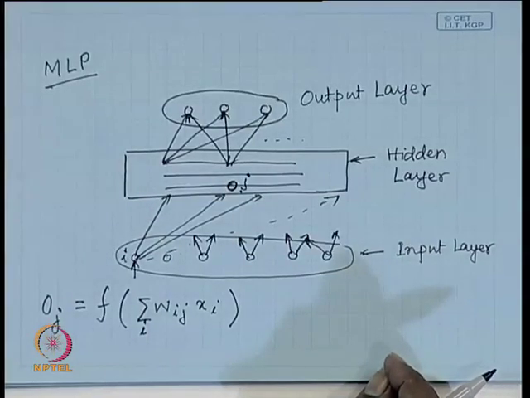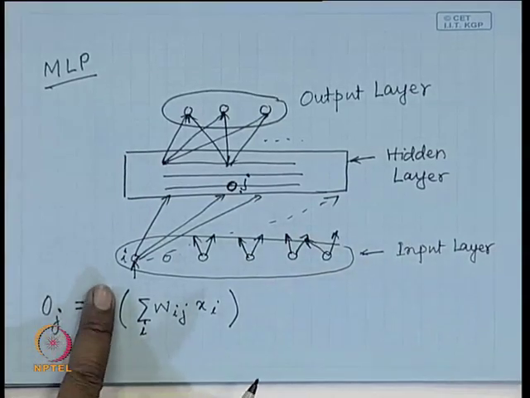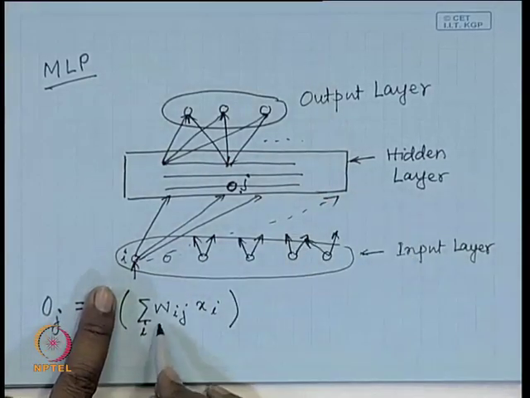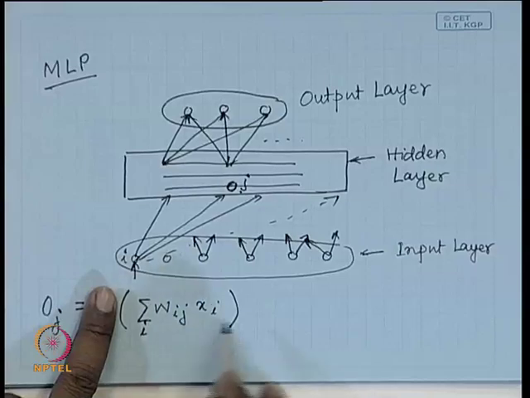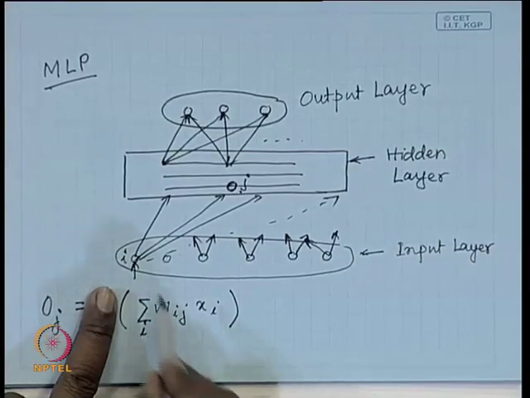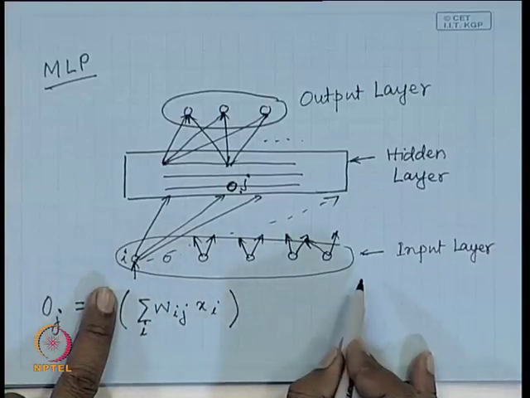Now, if I forget about this nonlinearity, what is the output of the jth node Oj? That is nothing but the summation over all i of Wij times xi, and you find that it is nothing but a linear equation. It is a linear combination of all these inputs xi.